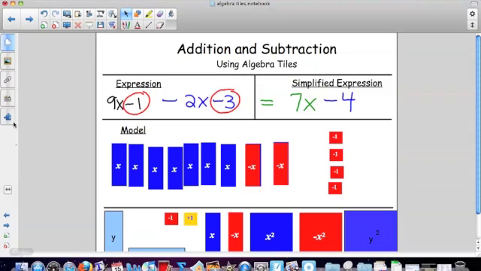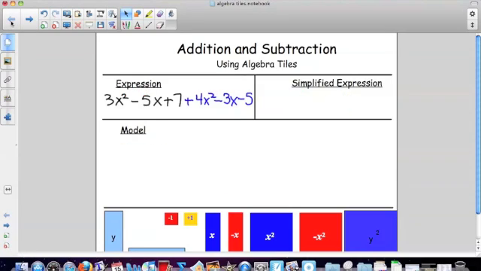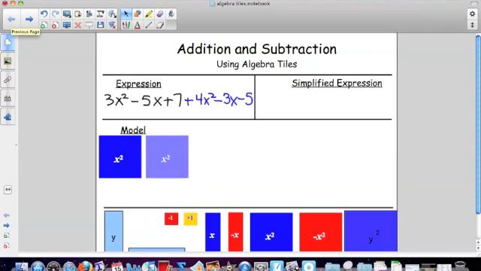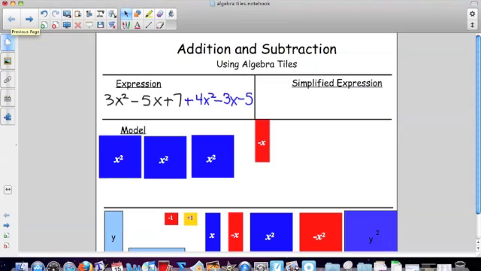Okay, let's go to the more difficult question. So I have a positive 3x squared. So I know I will need 1, 2, 3 of these. Okay. I have a negative 5x. So 1, 2, 3, 4, 5.